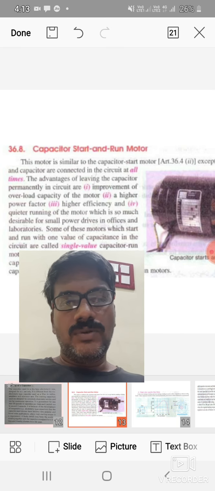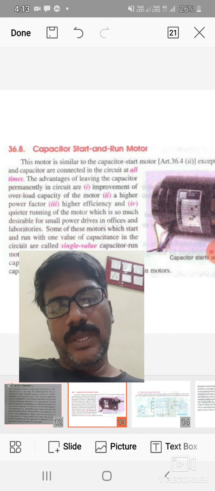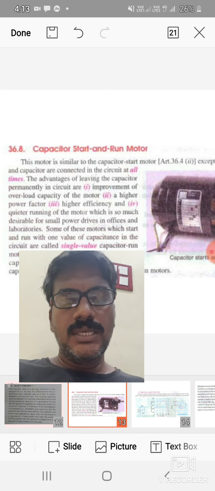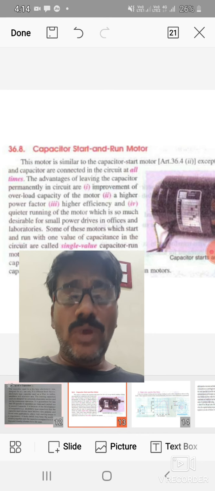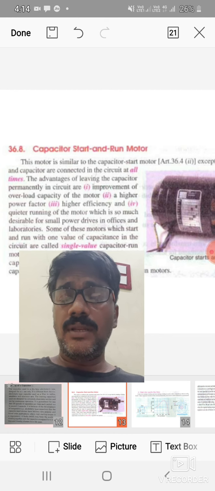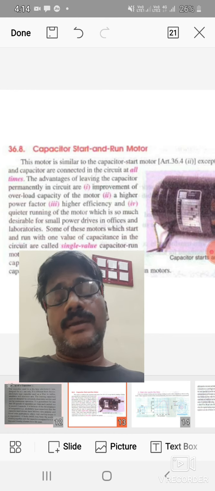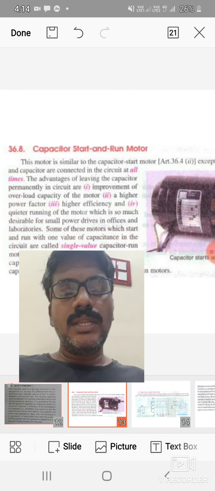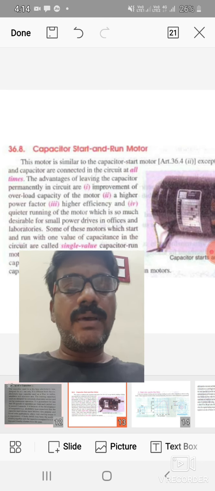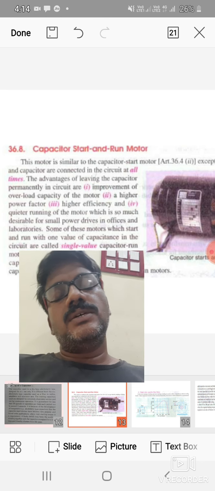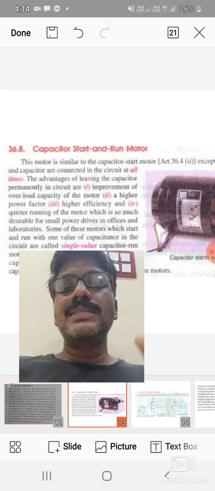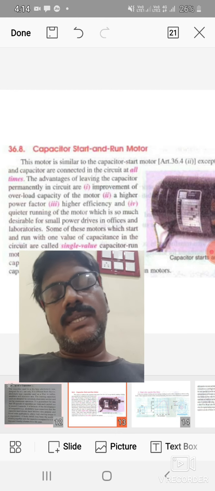Okay, so I will give a summary of today's topic, which is simply the working of the capacitor start, capacitor run motor. The only difference between the capacitor start motor and the capacitor start and run motor is that the capacitor is permanently connected in the second, while in the first it is disconnected after a certain speed.